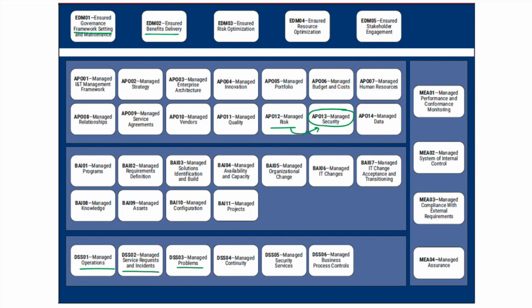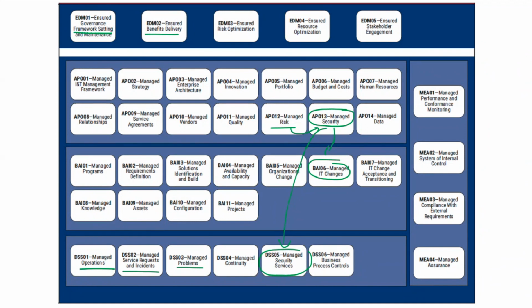And then we have more operational processes, like, for instance, managed security services that you see right here, but also change management, which are going to be directly related towards your managed security controls. So from a security point of view, these would be very good controls to then focus on. Does that make sense?